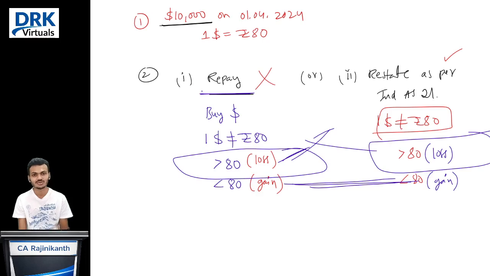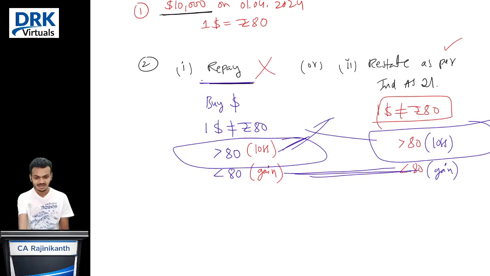You can include this exchange loss in your borrowing cost, but not 100% of the exchange loss. Only to the extent of adjustment to an interest cost. So how to determine that deemed borrowing cost is our next discussion. Clear? Come to that.